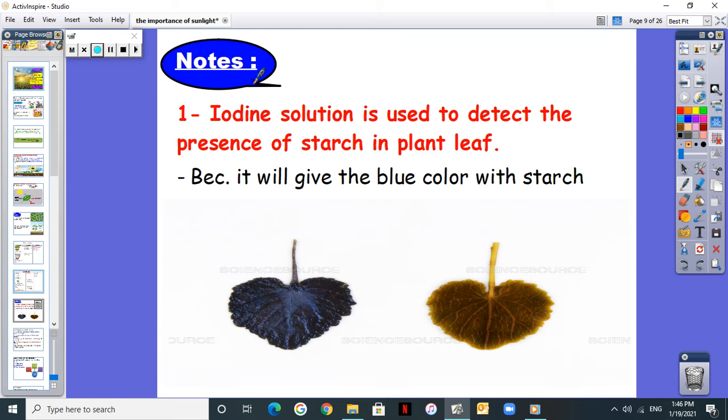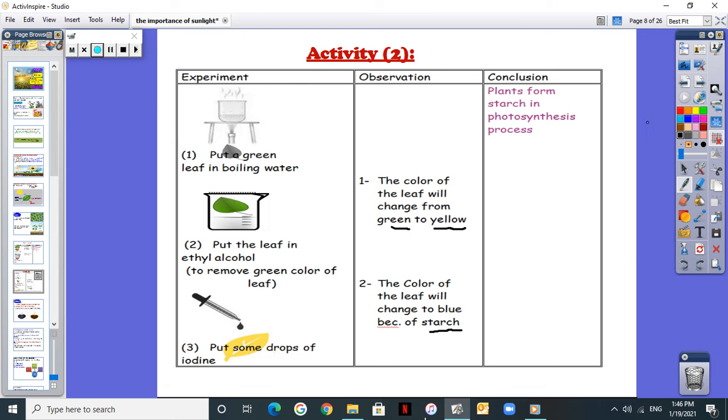Okay, iodine solution is used to detect the presence of starch in plant leaves. Why do we use iodine to detect the presence of starch in a plant leaf? Because iodine will give a blue color with starch, like in this activity. When we put some iodine drops on the yellow leaf, the color of the leaf will change to blue.